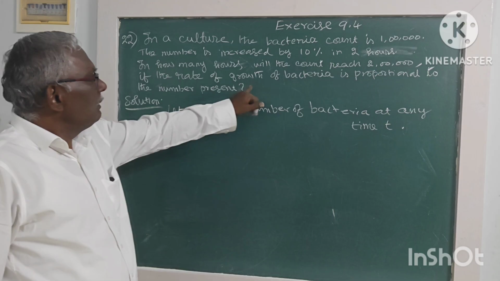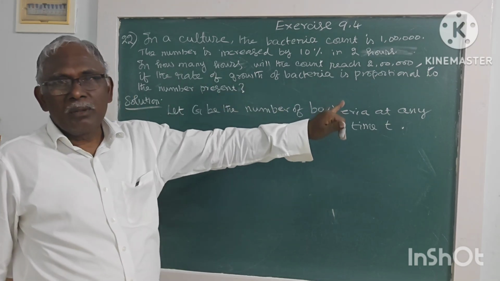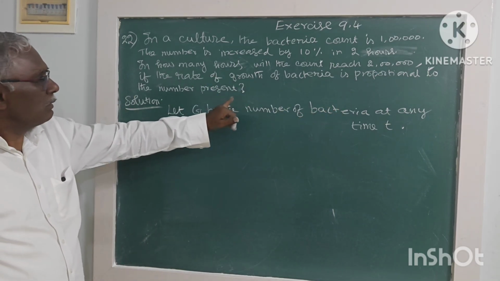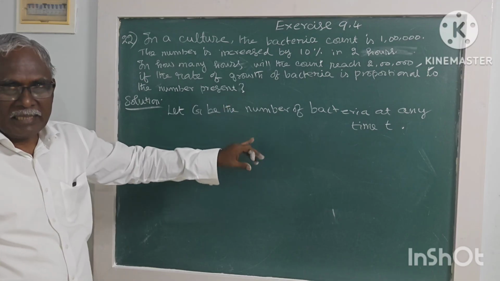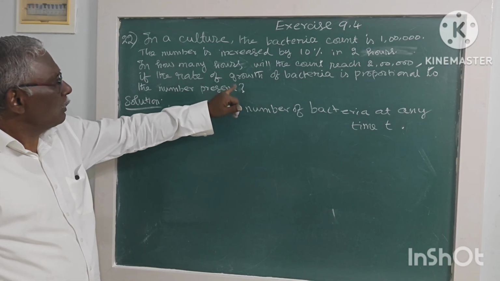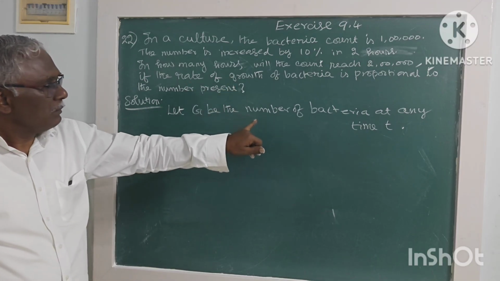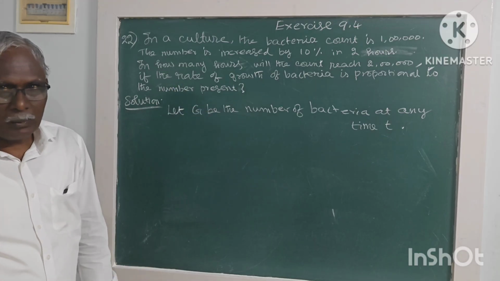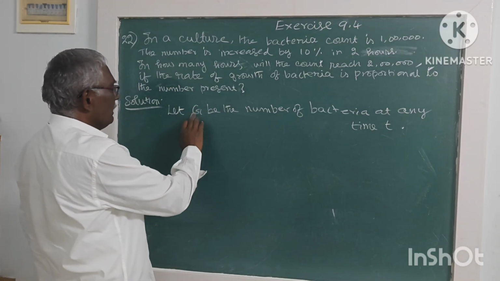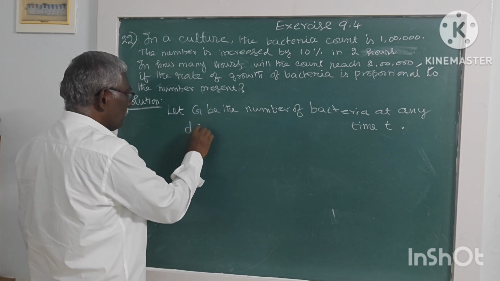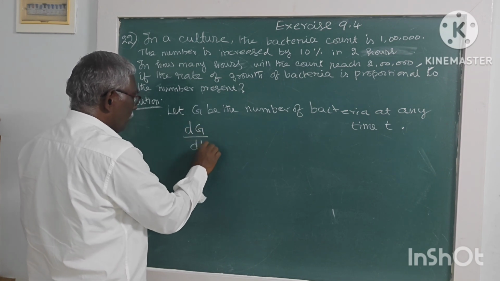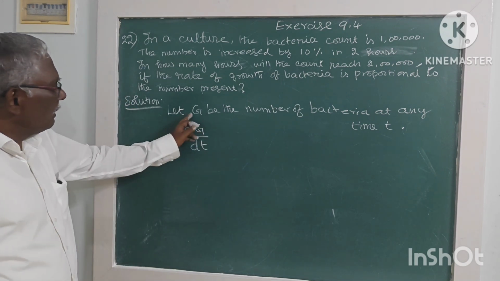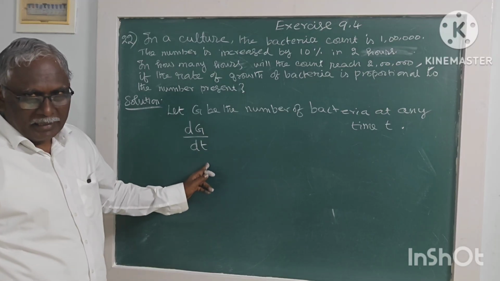So what is given? The rate of growth of bacteria is proportional to the number present. Rate of growth, G is the bacteria at any time t. Rate means with respect to time. So dg by dt is the rate of growth of the bacteria.